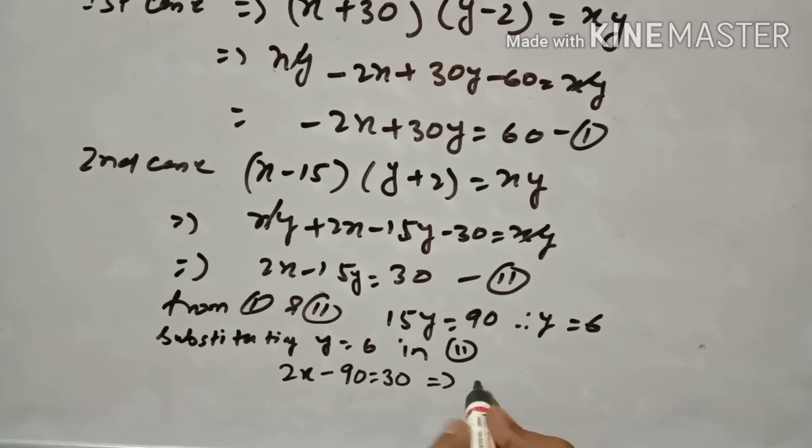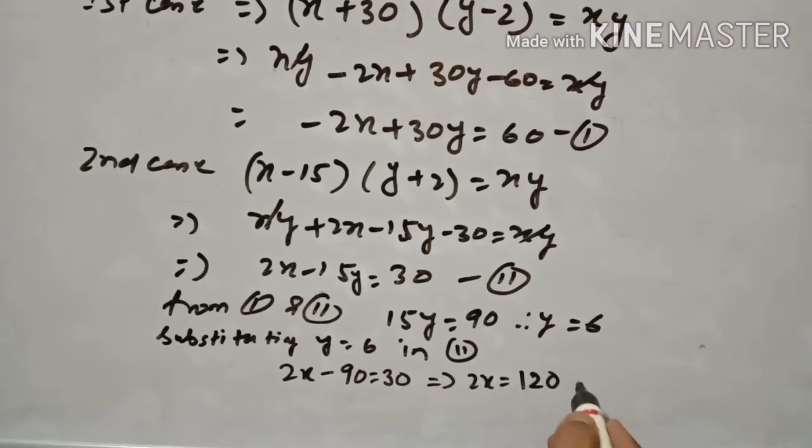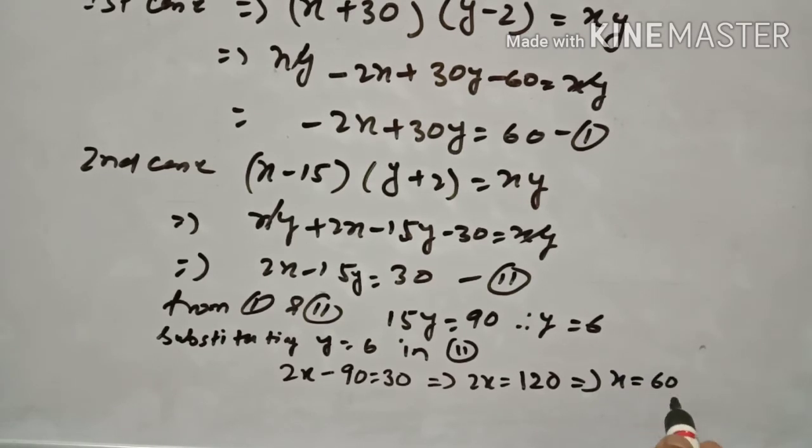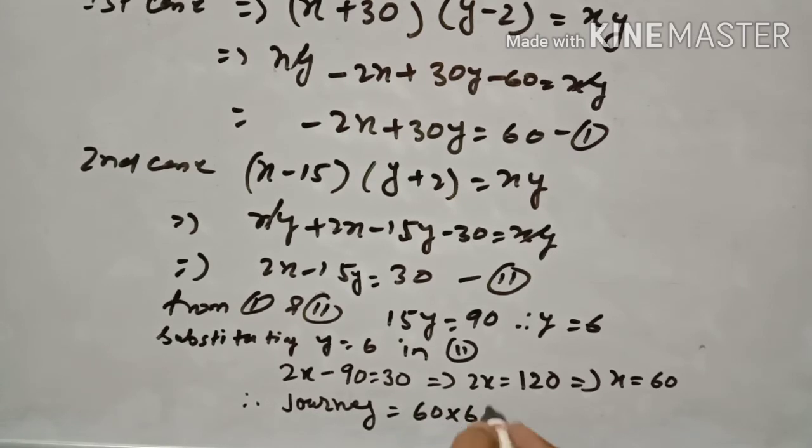This implies that 2x equal to 90 plus 30, means 120, therefore x equal to 60. Therefore journey or distance equal to xy, means value of x equal to 60 and y equal to 6, so 360 kilometers. This is our required answer.